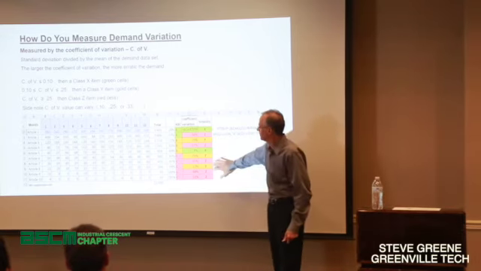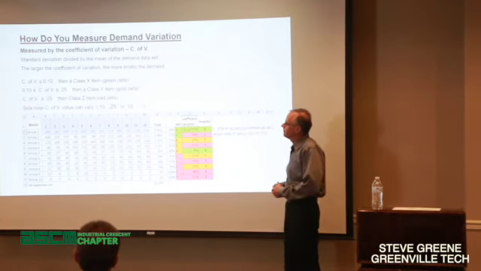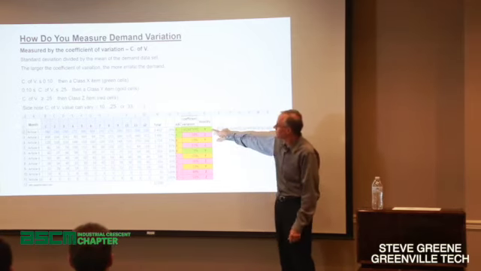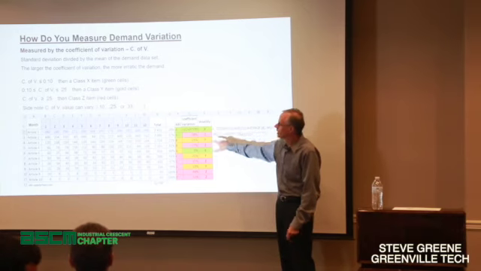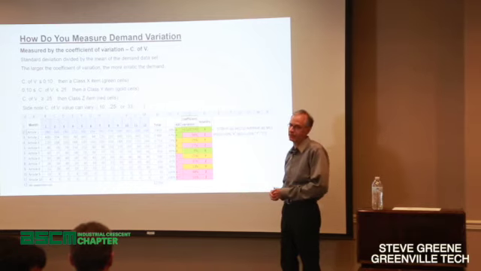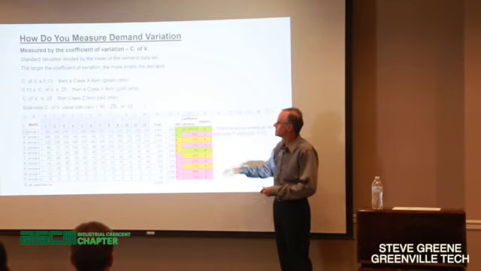I don't know if you all can see this spreadsheet here. If your CV is less than or equal to 0.1, then you have a class X item, which is the green cells. If your coefficient is greater than or equal to 0.1, but less than or equal to 0.25, then you have the gold Y class.